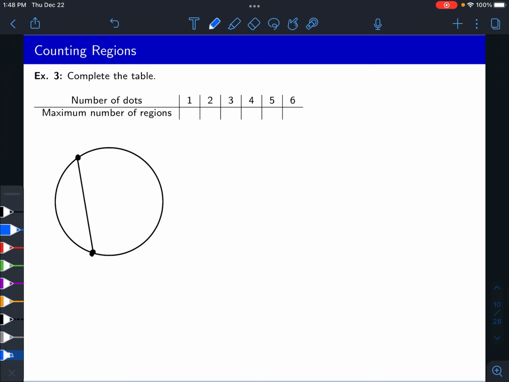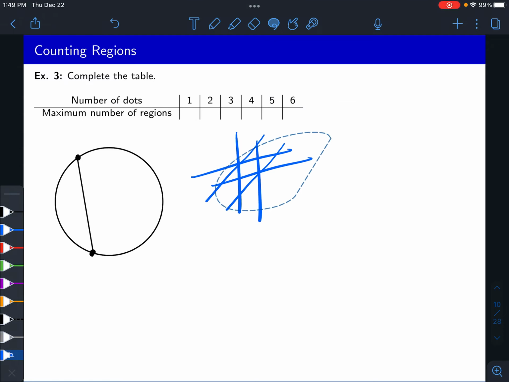Now technically you could double up a dot, and that would create the same number of regions. Or maybe you have a situation where if you draw all 3 lines, you could have something like this, or something like this, where you create different numbers of regions.